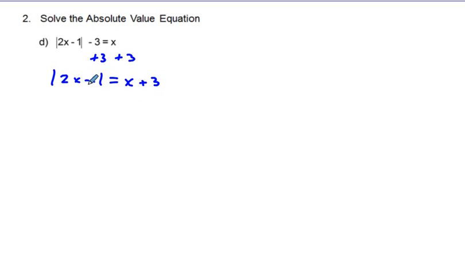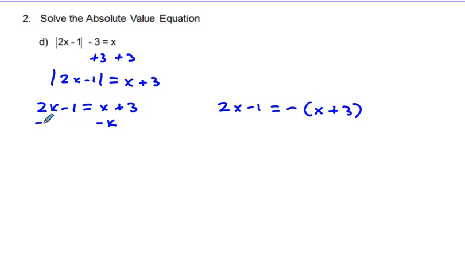We can solve for the absolute value by writing 2x minus 1 is equal to x plus 3, and also 2x minus 1 is equal to negative x plus 3. And now we can solve for x. So we can subtract x from both sides here and add 1 to both sides here. So we have x is equal to 4. That's one of our solutions.